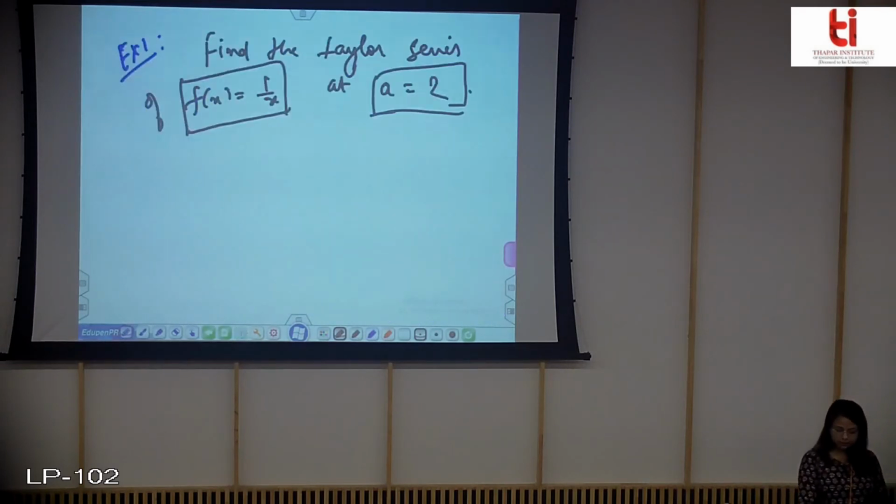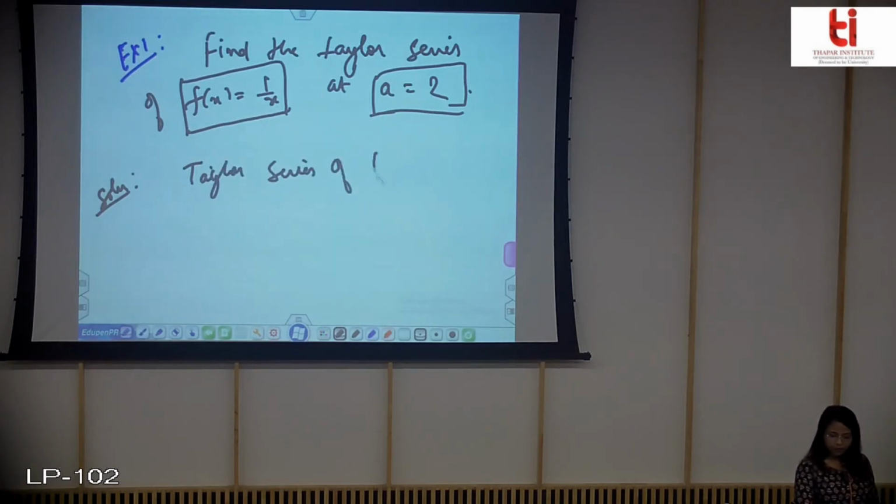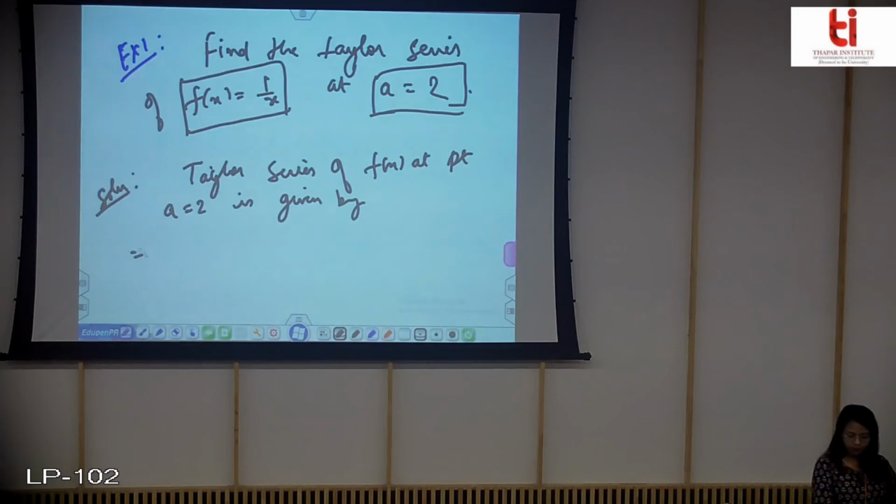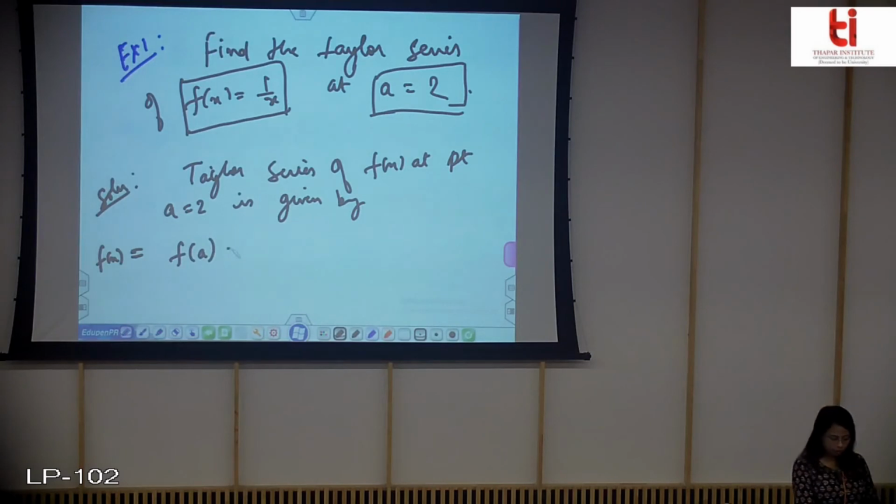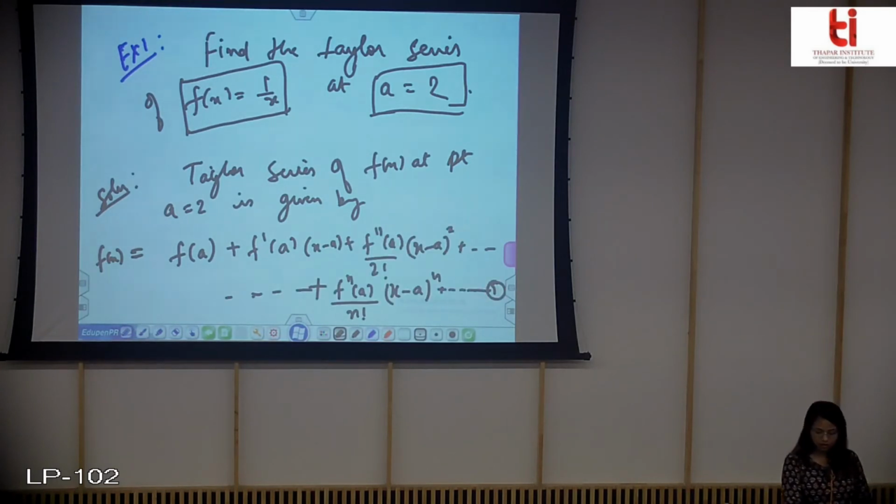So let's start. So what we have to find is the Taylor series of f(x) at point a is equal to 2, which is given by f(x) is equal to f(a), with a is 2 over here. I am writing the general form first and then I will put a is equal to 2. This I call equation number 1. Okay.